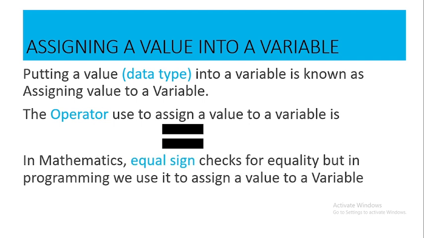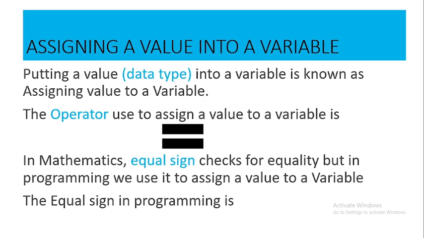We all know that in mathematics, the equal sign checks for equality. That is, it checks if the left-hand side is equal to the right-hand side. But in computer programming, we use the equal sign to assign a value to a variable. So under programming, the equal sign doesn't check for equality, but it assigns a value to a variable.